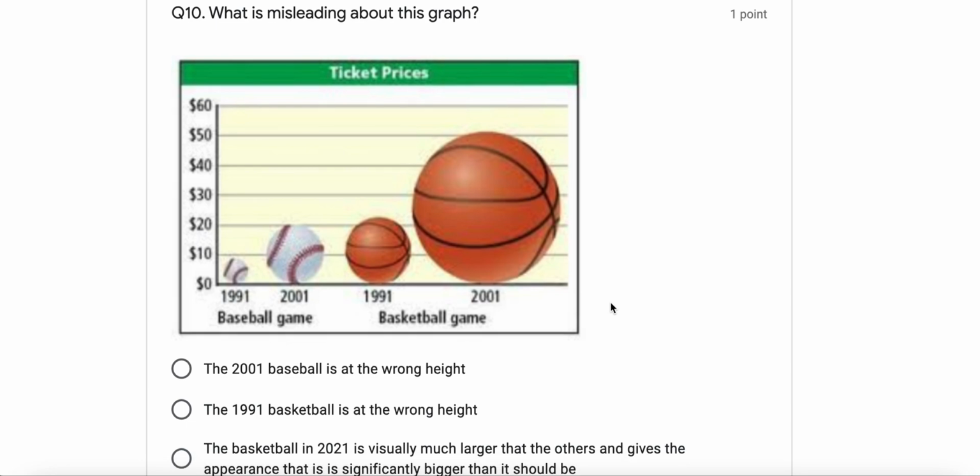Okay, what's misleading about this graph? So this is showing ticket prices for basketball games as the years go on. Now, the ticket price is over here on the vertical axis. So we're really interested in how tall or how large these balls are in the vertical direction, okay? We want to know how tall they are.